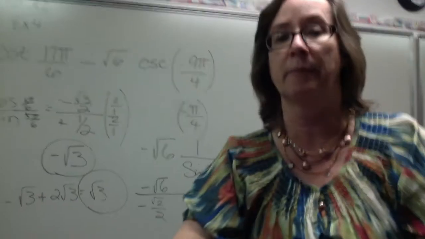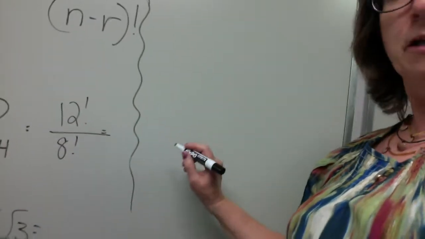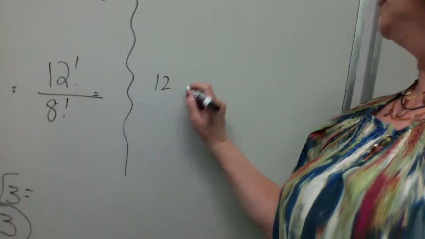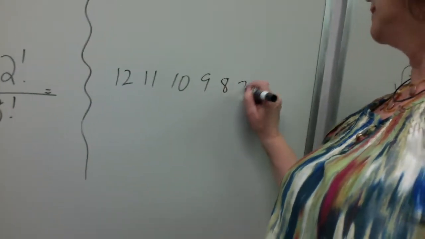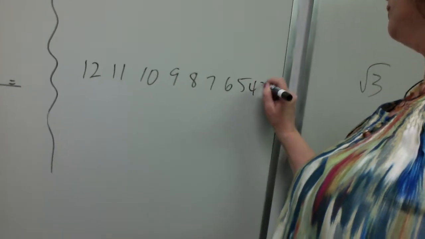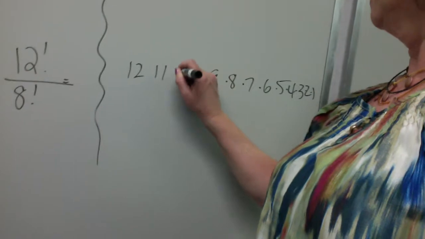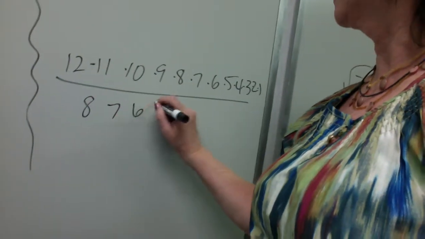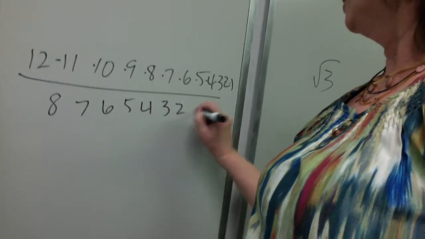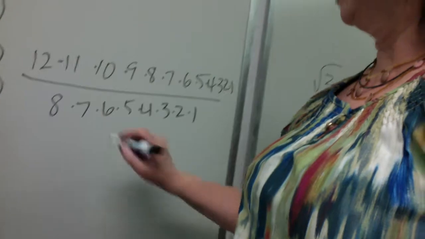which is basically going to be, let me pull this up here. Let's see, can you see that? So it's going to be 12, 11, 10, 9, 8, 7, 6, 5, 4, 3, 2, 1 over 8, 7, 6, 5, 4, 3, 2, 1, and there we go.